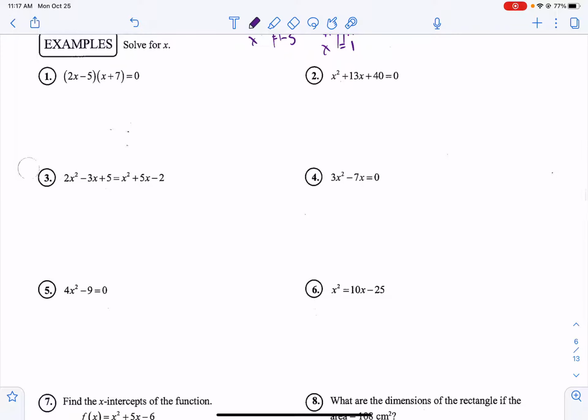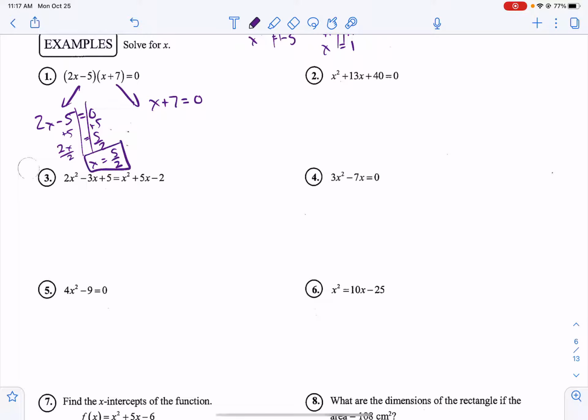Number 1, 2x minus 5 multiplied by x plus 7 equals 0. This one is nice because it's already set equal to 0, and they've already factored it for you. So all I have to do is set both parentheses equal to 0 and solve for x. So I do my railroad tracks, I add 5, I get 2x equals 5, I divide by 2. So x equals 5 halves.